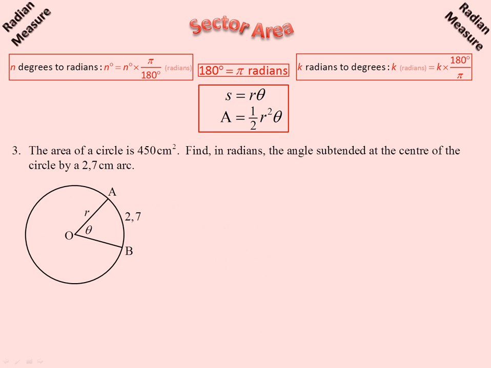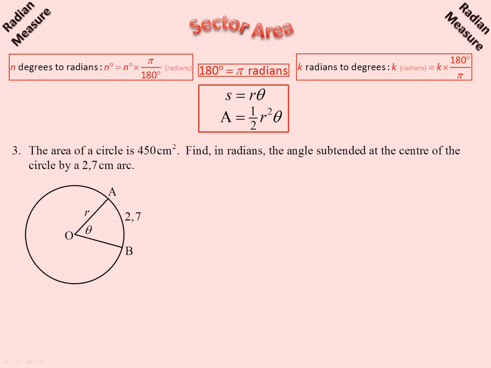So now we're given the area of a circle. Find the angle subtended at the center of the circle by that arc. Now consider this, and then you can try it. We have to find the angle. We know the arc length, and we need to know the radius. Well, knowing the area, we can find the radius.